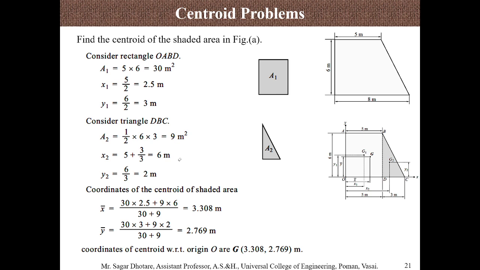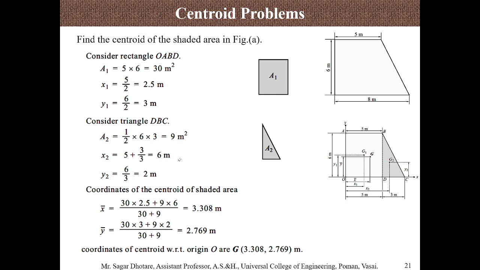I hope that, based on the geometry, you understand the procedure to be followed to identify the centroid coordinates for the given figure. Once again I will summarize the procedure.